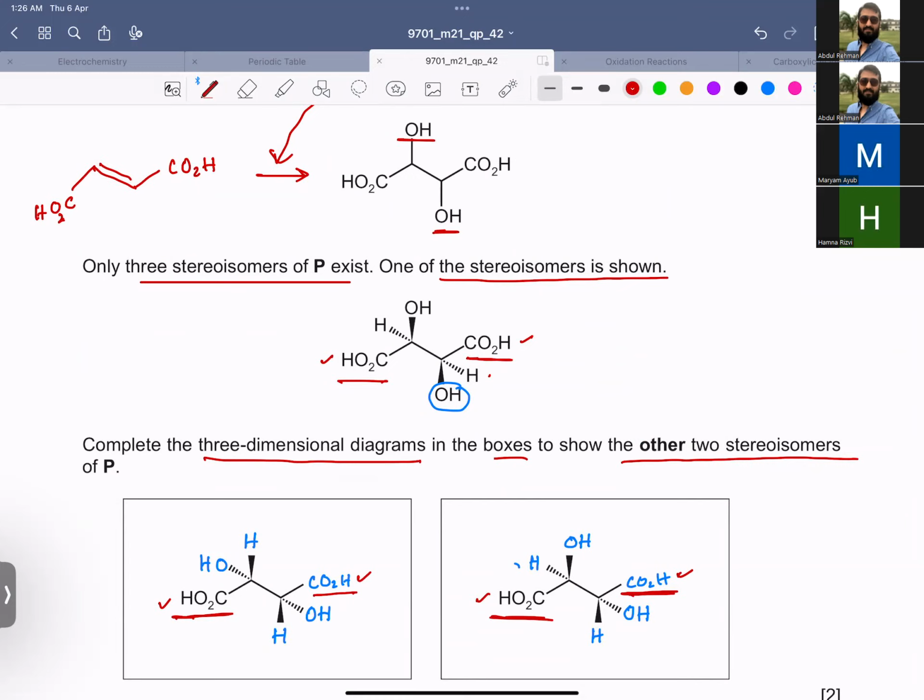Can you repeat again, Hamna? So if we do the carboxylic acid the same way we did and we place it below the plane or above the plane, will it be wrong? So, in place of OH or H.